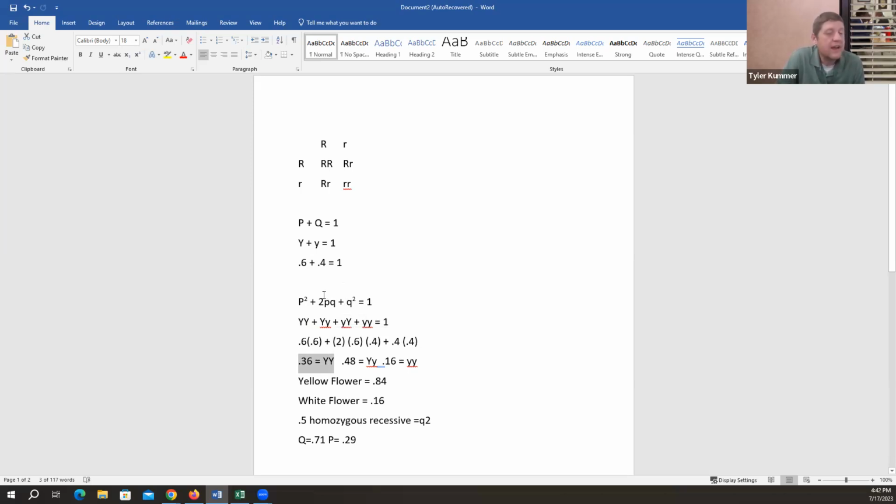Now we get to heterozygous. Well, to be heterozygous, we can reach into the bucket, pull out a yellow bead, and then pull out a white bead. That's a heterozygous individual, right? So we could multiply that together, 0.6 times 0.4. But when we're talking about being heterozygous, we're also okay with reaching in and grabbing a white and then grabbing a yellow.